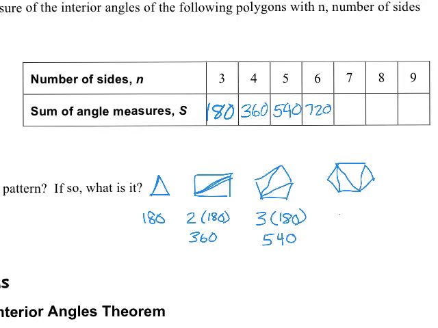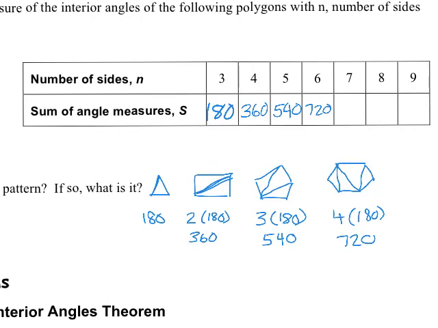So then I have 4 triangles times 180 degrees, and that's 720. Okay, so now that we've broken it down into triangles, we know that we can just multiply the number of triangles times 180 to get the sum of the interior angles.